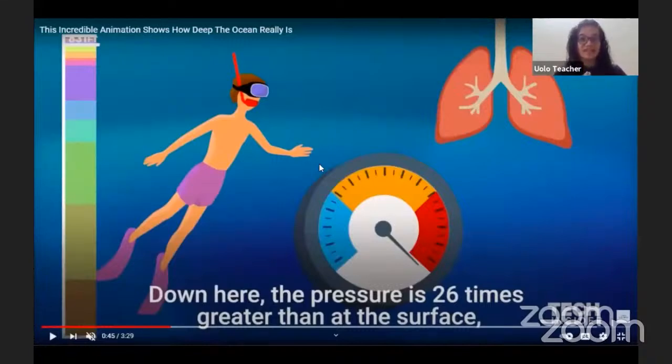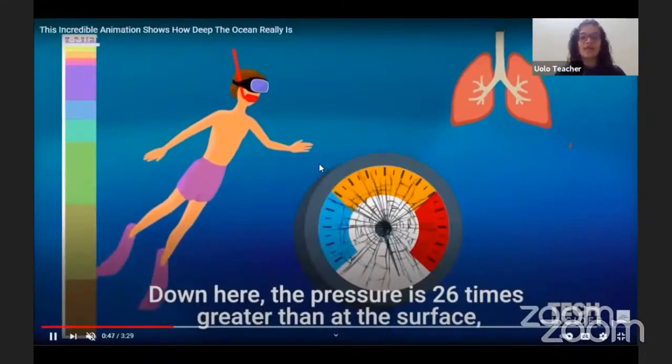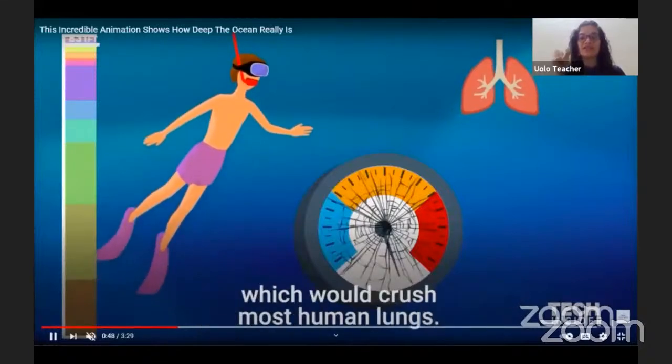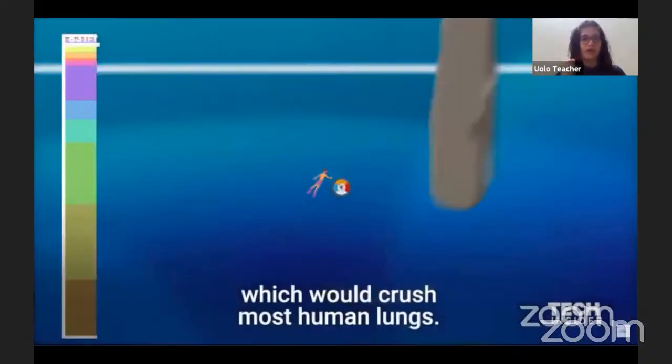If you go deep inside the water, the deeper you go, the more the pressure keeps increasing. At around 831 feet, it is 26 times the pressure that your body can bear. As a result, your lungs won't be able to bear it, and they will get crushed. That means they will contract.